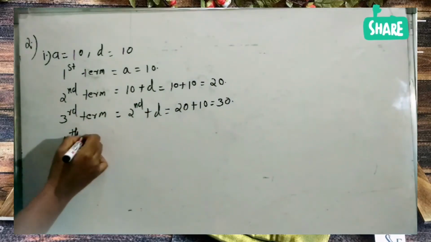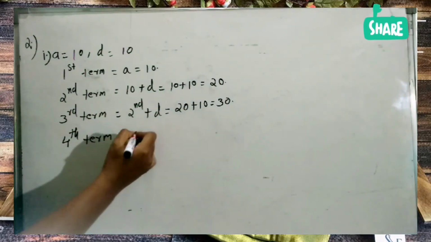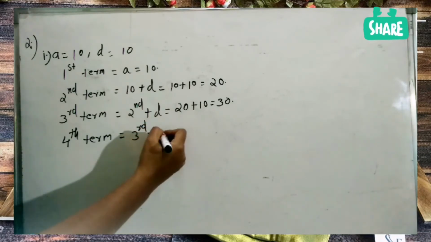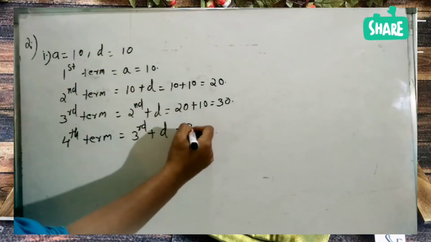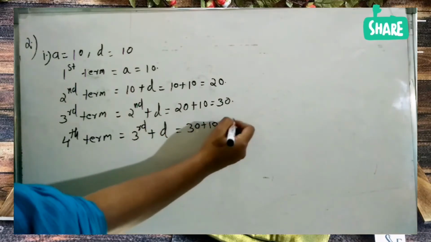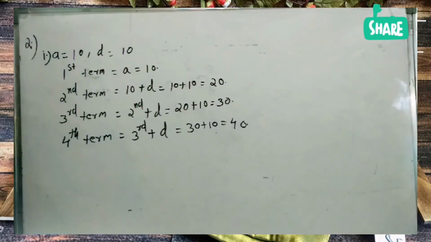And the fourth term is equal to third term plus D, which is 30 plus 10, equal to 40. Therefore, the first 4 terms of the AP are 10, 20, 30, 40.